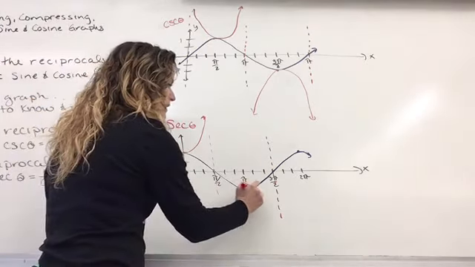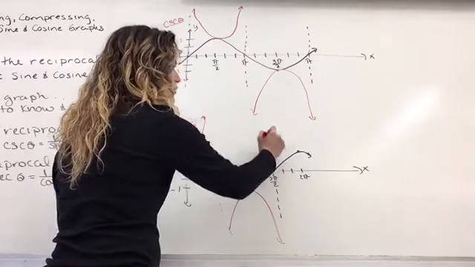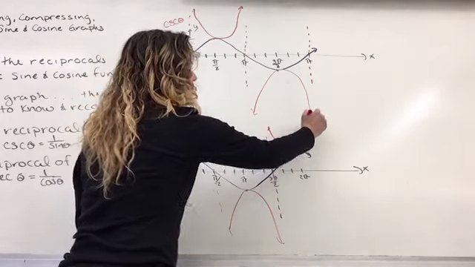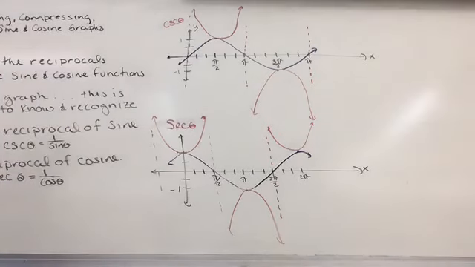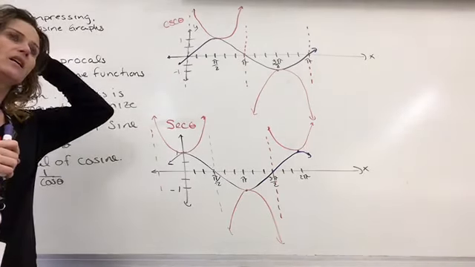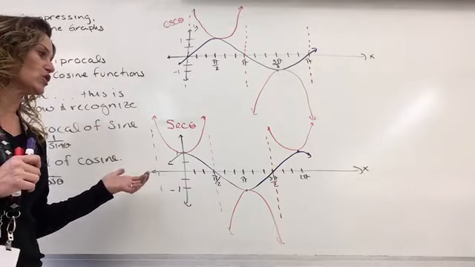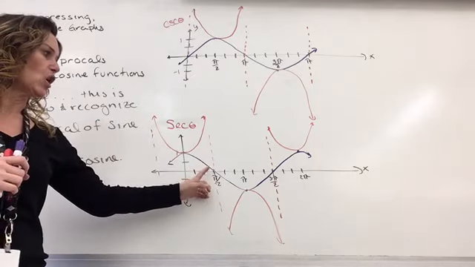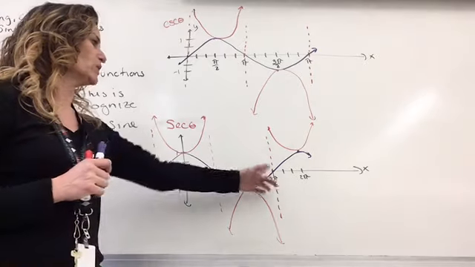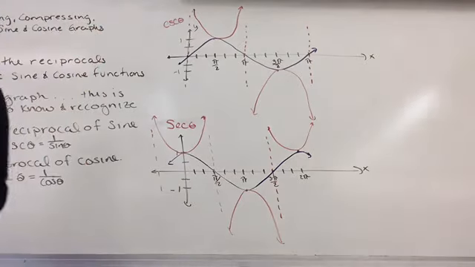Here, the asymptote is like this, and it comes down, and there would be another one coming like this and going up. They're in pieces and parts, and they're off the crests and the troughs of the original function. The zeros and the asymptotes always happen when the original function is at 0.